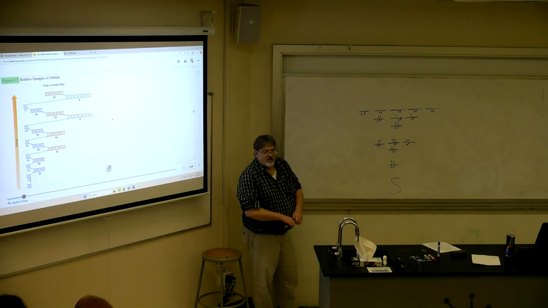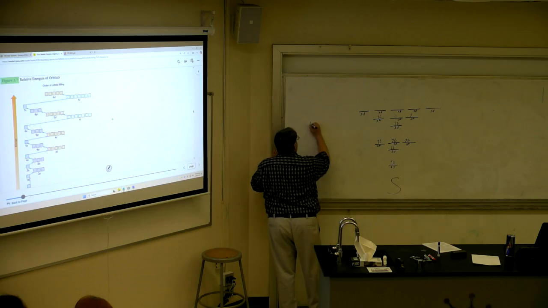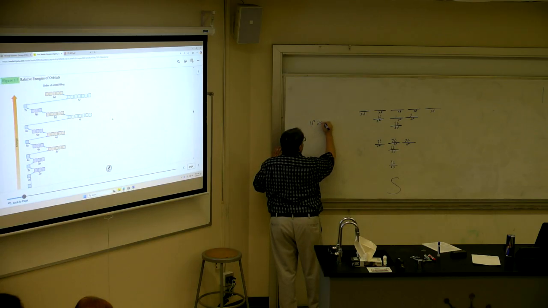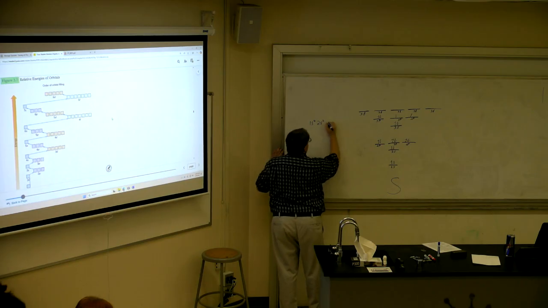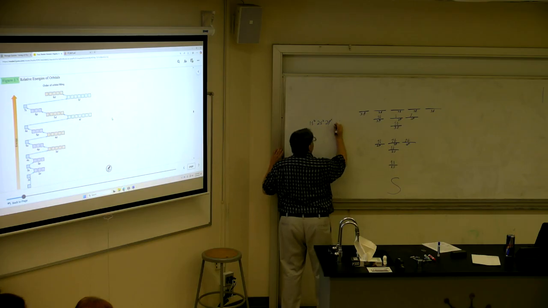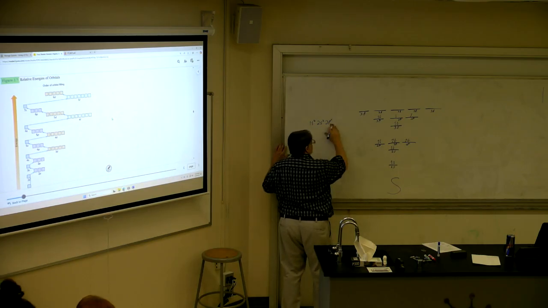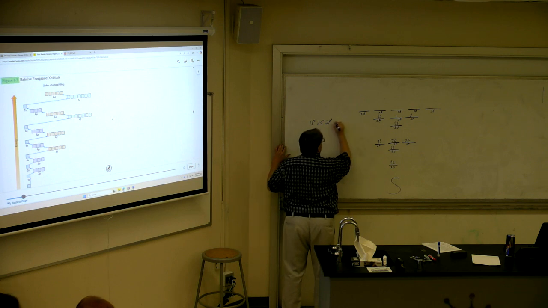This is one way you can represent the electron configuration of sulfur. I'll write a big S down here so I don't forget which atom I'm on. There's another way you can write this. It's kind of a condensed way. You would go 1s, 2 electrons in it. 2s, 2 electrons in it. 2p has 6 electrons.